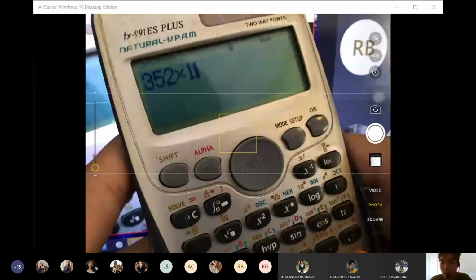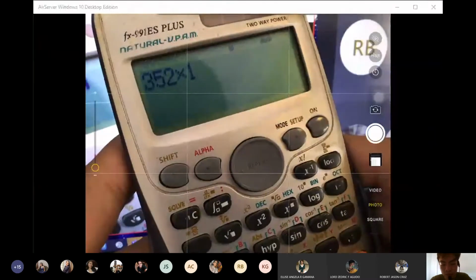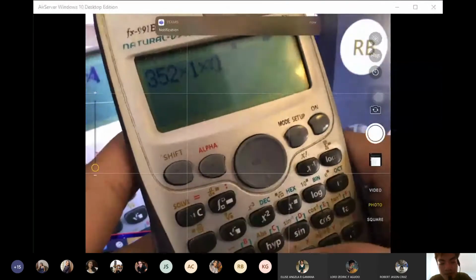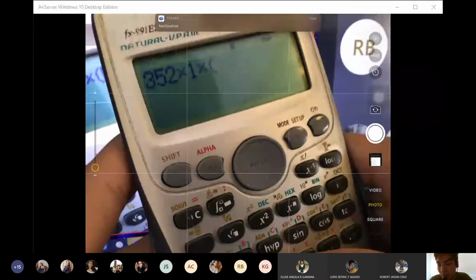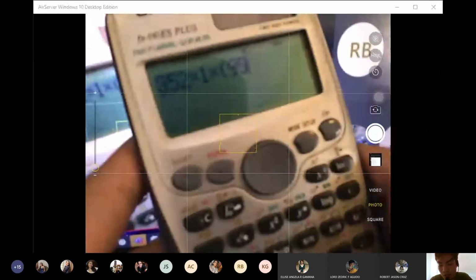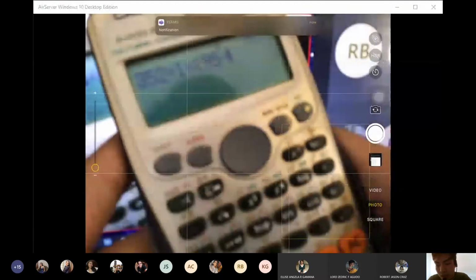For delta T, to write that in the calculator, times, open parenthesis, final temperature, which is 95, minus initial temperature, which is 23.